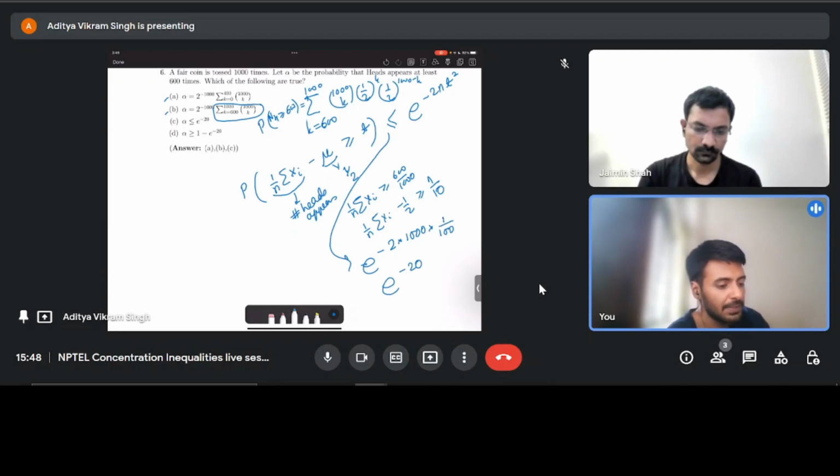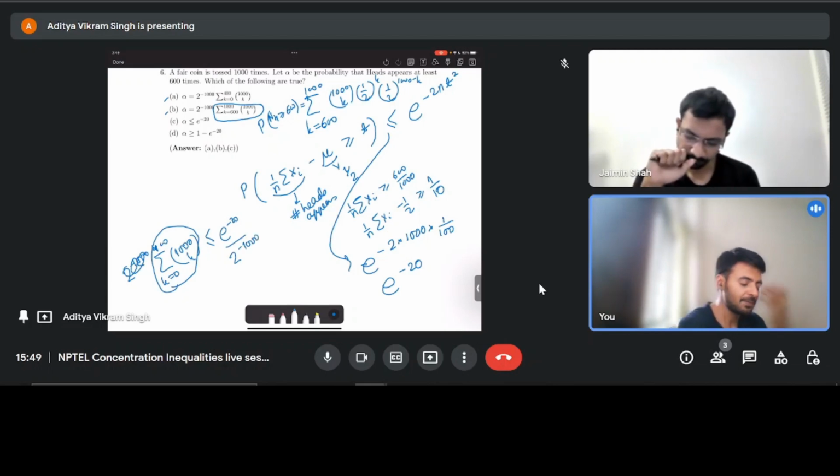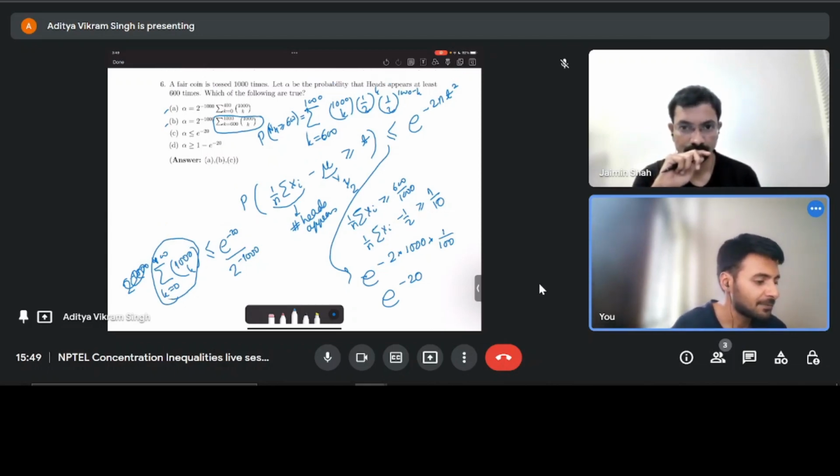So alpha is less than e power minus 20, which means you have that 2 power minus 1000 times the sum over k equals 0 to 400 of 1000 choose k is less than e power minus 20. So you basically have an upper bound on this binomial coefficient sum by using the Chernoff method. So the Chernoff method also has this combinatorial aspect to it, that you can link it to these combinatorial numbers.